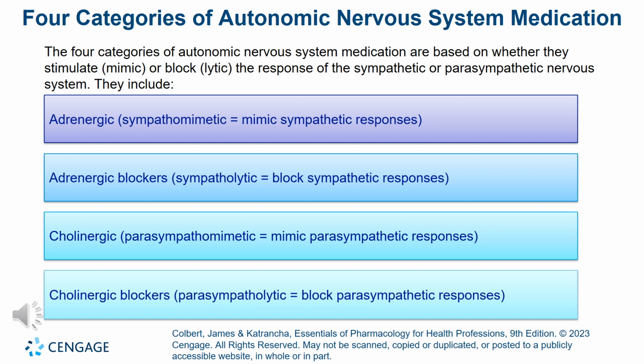They include adrenergic or sympathomimetic, which mimic the sympathetic responses, adrenergic blockers or sympatholytic, which block sympathetic responses, cholinergic or parasympathomimetics, which mimic parasympathetic responses, and the cholinergic blockers, which are also called parasympatholytic, which block parasympathetic responses.